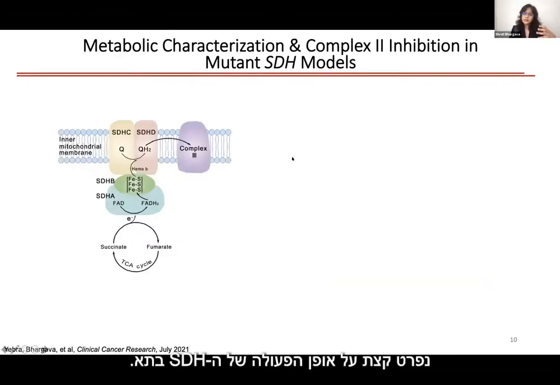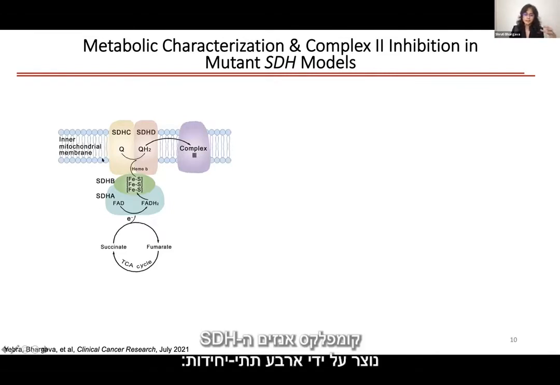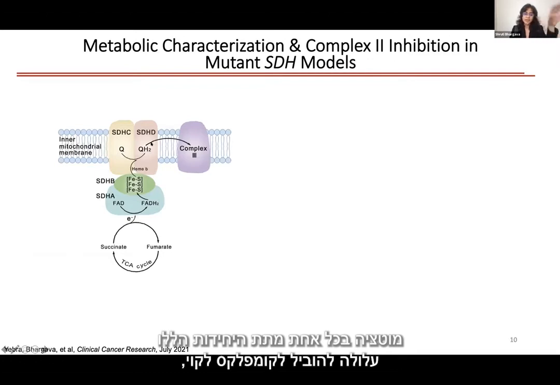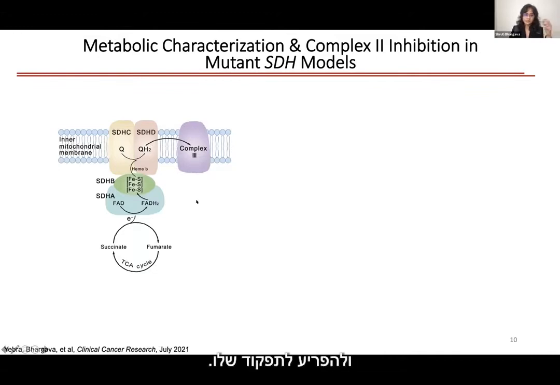Now, going into a little bit more detail about how SDH is working in the cell, as we were discussing earlier, the SDH enzyme complex is formed by 4 subunits, SDHA, B, C, and D. A mutation in any of these subunits can lead to a defective complex and thus abrogate its functioning.